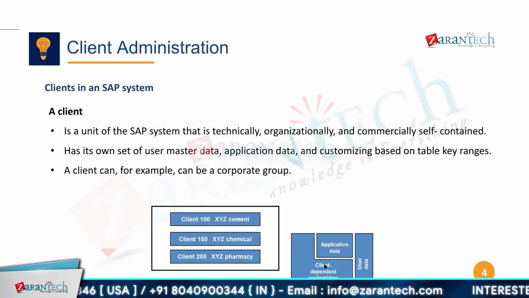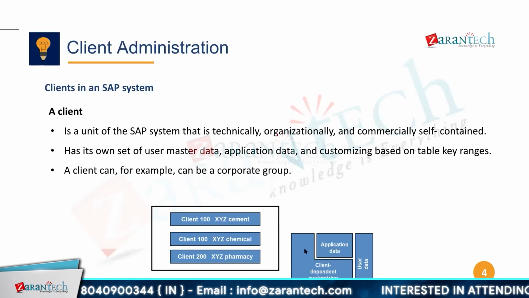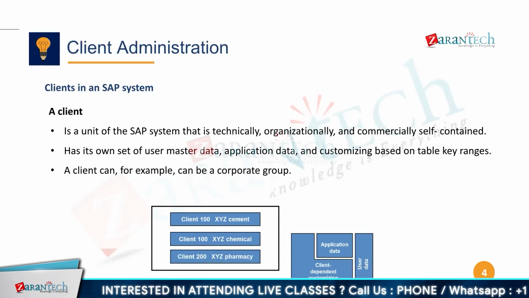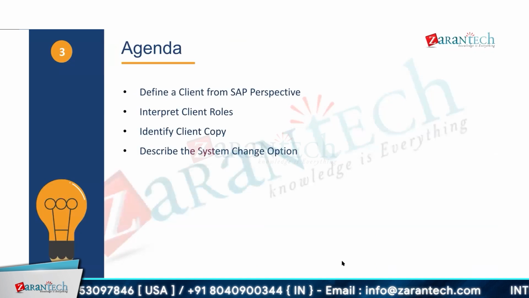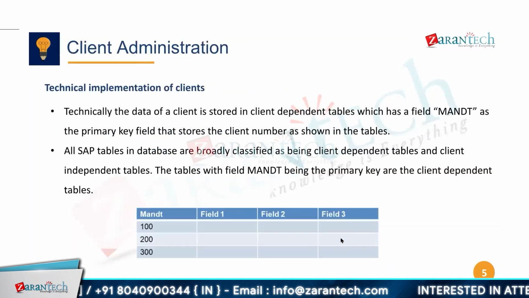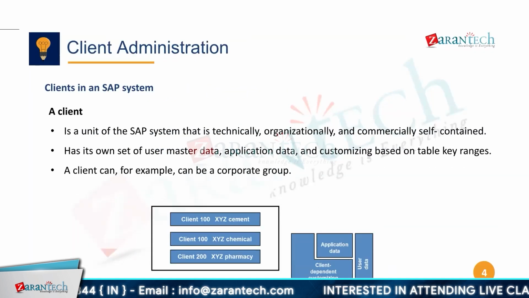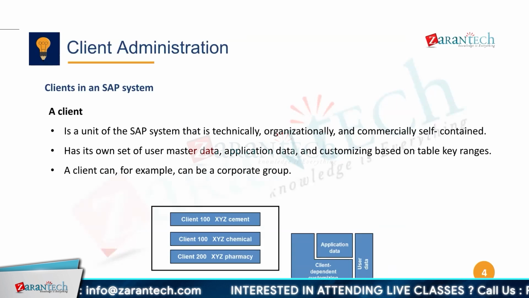For now, understand that each client contains user data, application data and client dependent customizing dedicated to that client, and these three are accessible only from that particular client. They are all client specific.